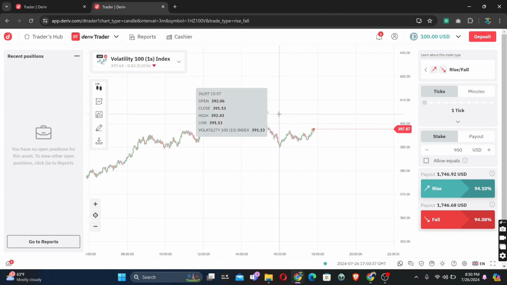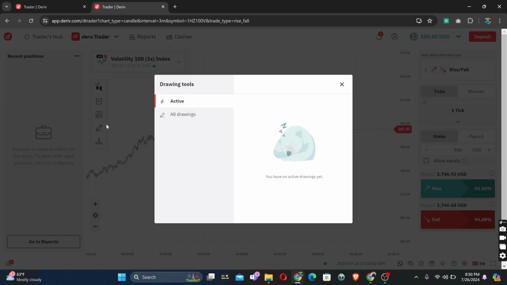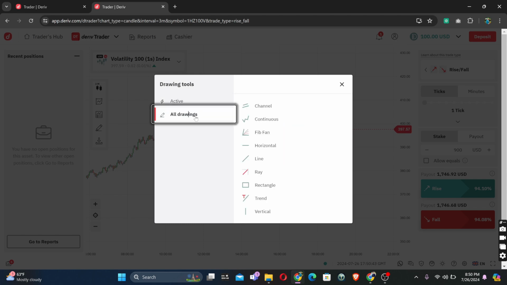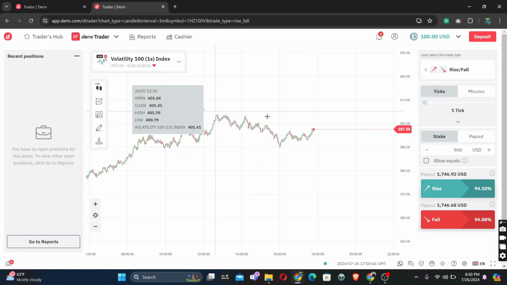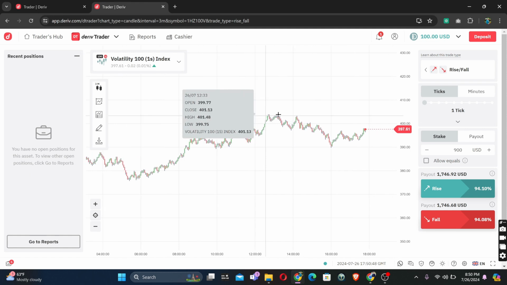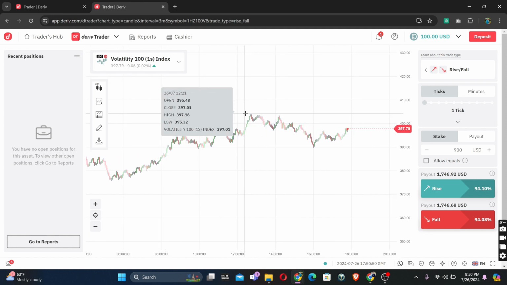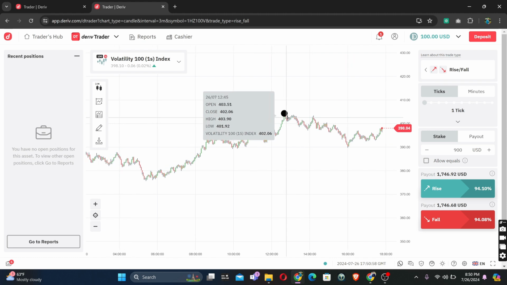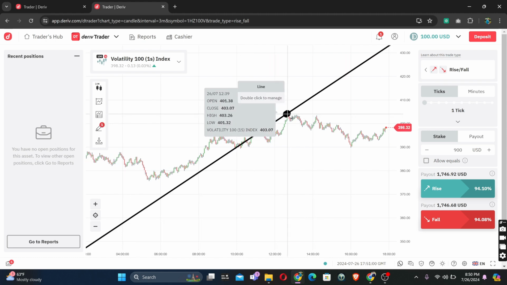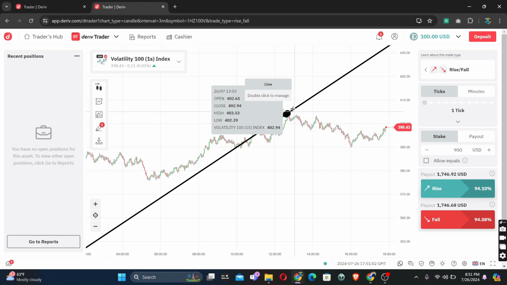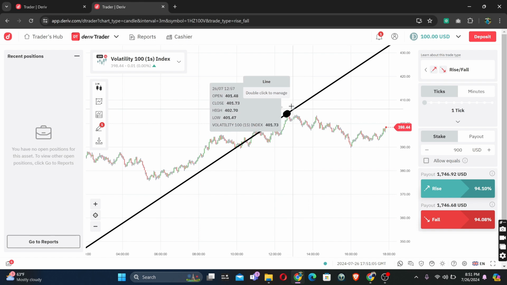For example, if you have the skills of forex, you come and draw just some lines, or you put the trend lines. Let me remove this.